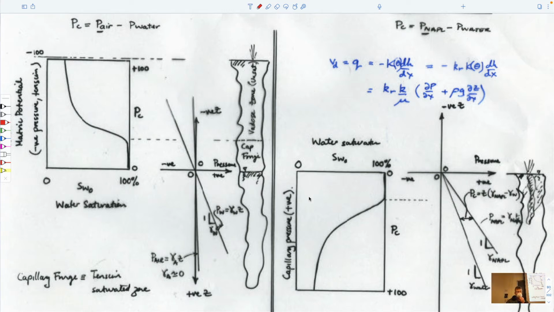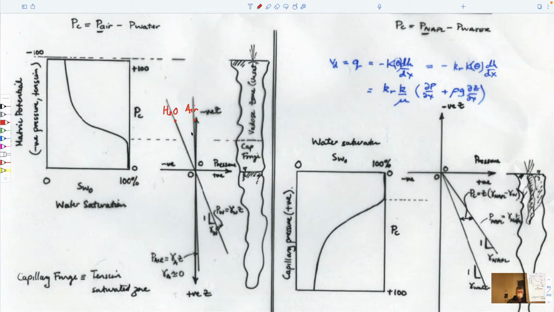The salient points are that each of these are our capillary pressure curves turned right way up or upside down. Each of them have capillary pressures changing from zero at the water table by definition, where water pressures have to be atmospheric in both phases, and increasing in height and increasing in depth because of the way that the wetting fluid and the non-wetting fluid are water and air in this particular case.